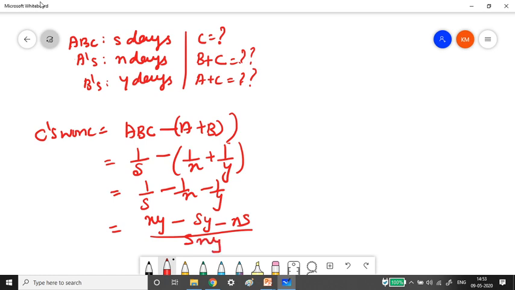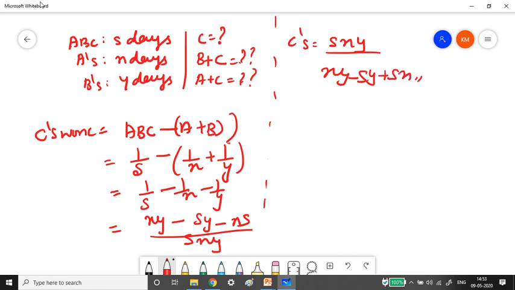So this is the 1 day's work. So C can complete the work in SXY divided by (XY minus SY minus SX) days. This is the number of days he can complete.